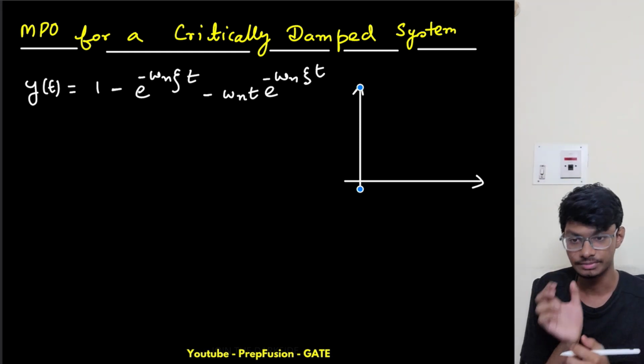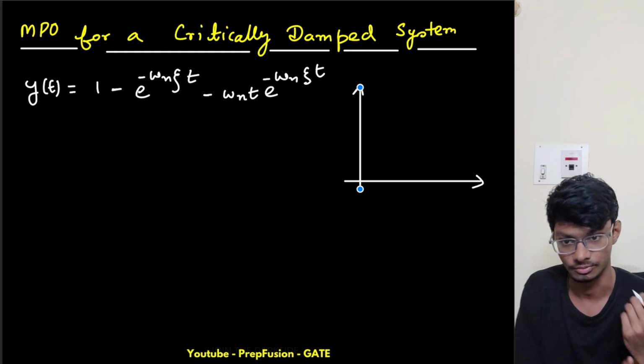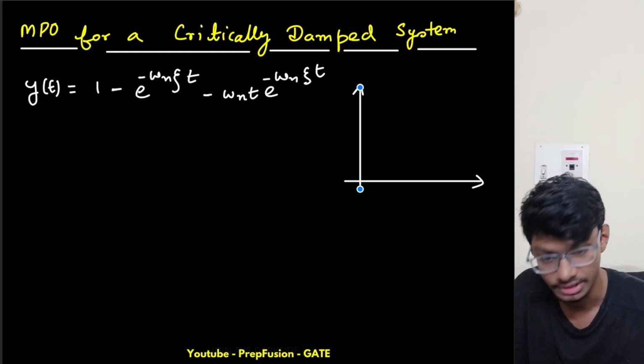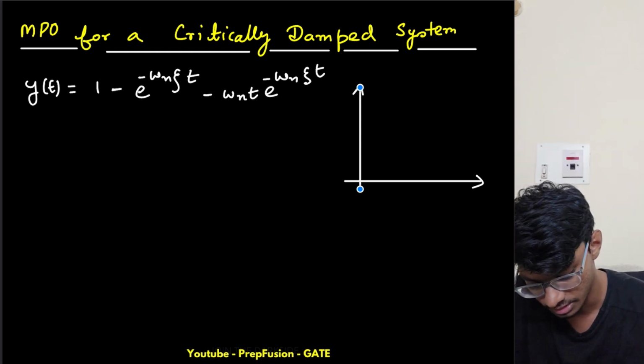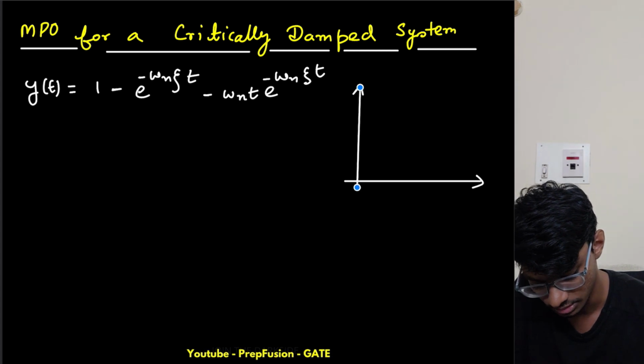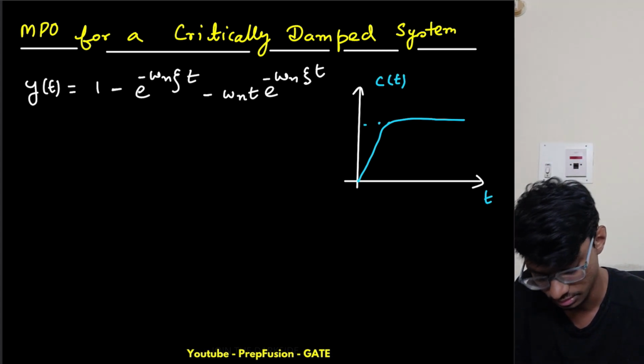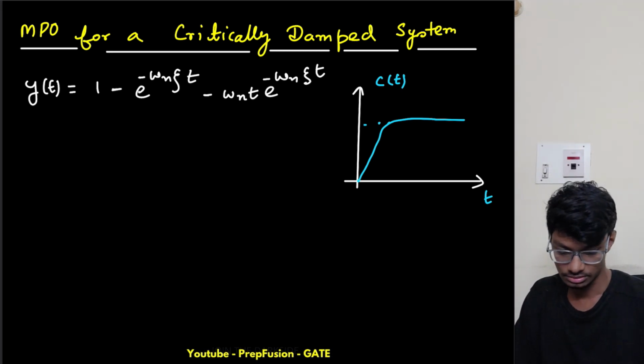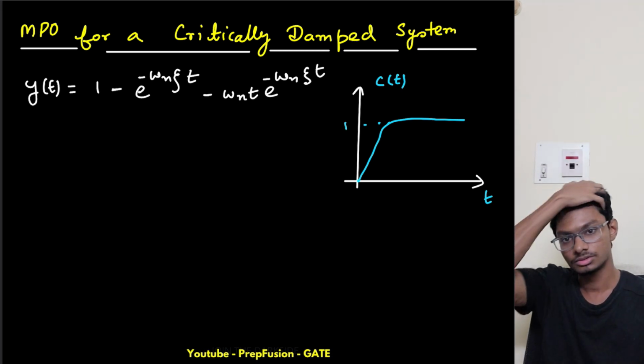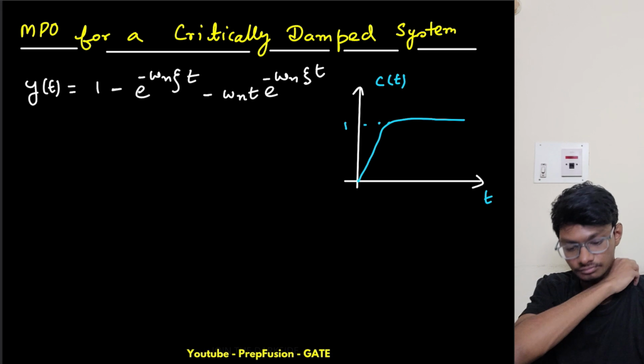So this was the expression for a step response, right? So how did my graph look? My graph looked something like this one. This is c of t and this is t. Okay, so yeah, this is equals to 1.